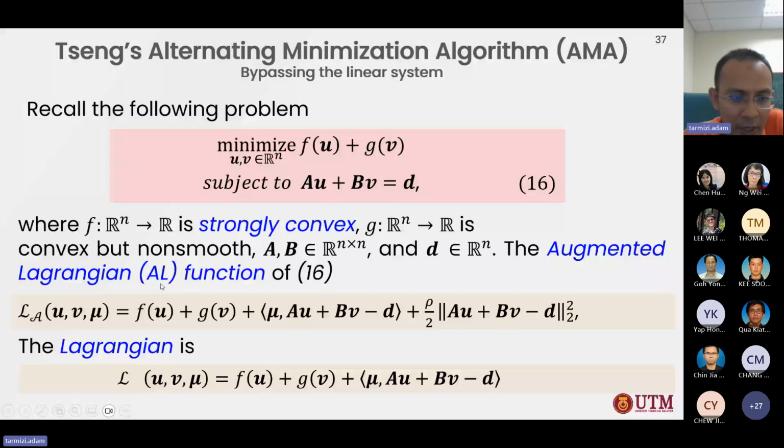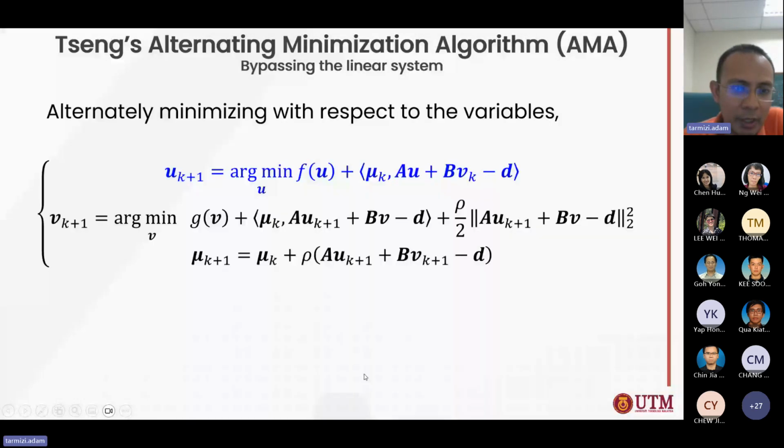You have also the augmented Lagrangian, and the difference over here is that you have the Lagrangian function over here. Then you can minimize that alternately, as in the ADMM, with respect to U. However, with respect to U, you just minimize the Lagrangian function.